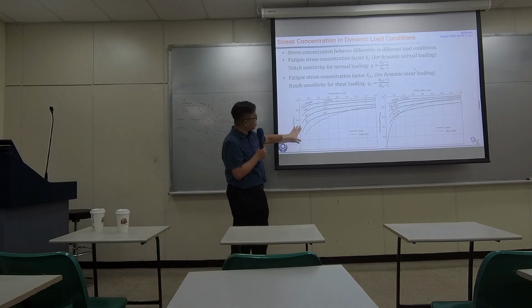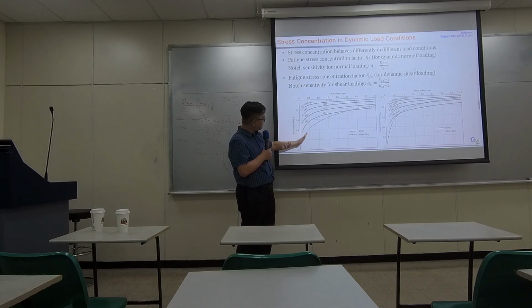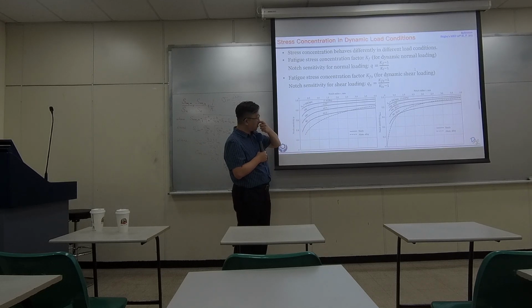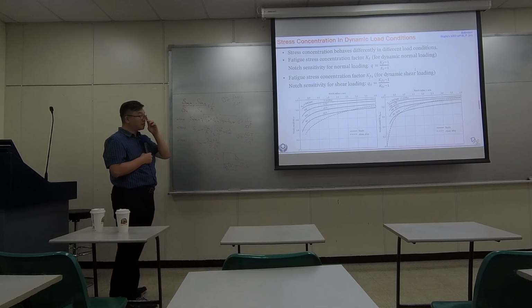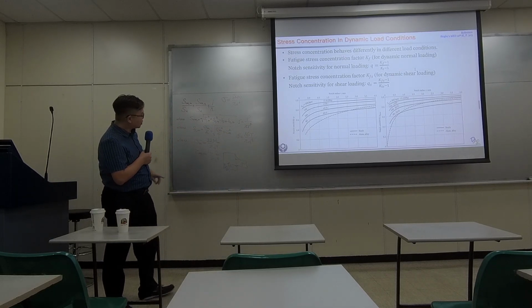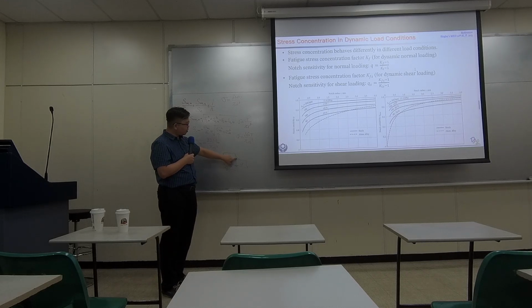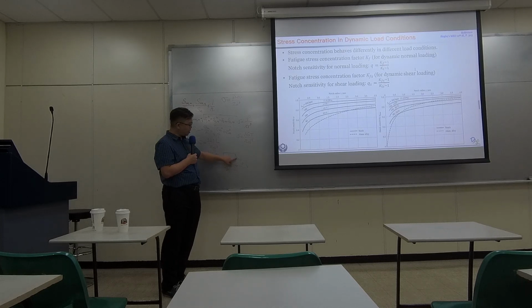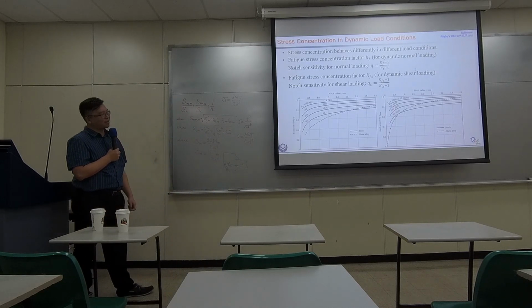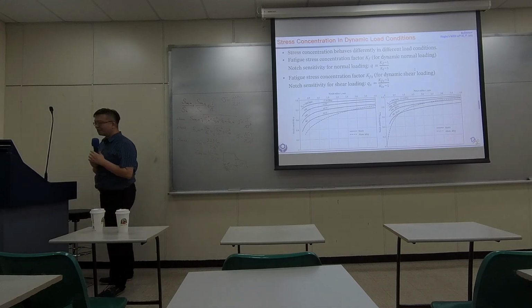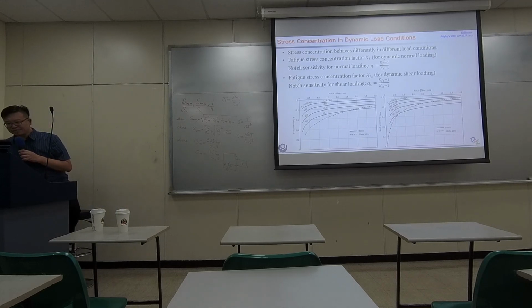However, in the diagram, you usually see it doesn't truly go to 0. It's close to 0, but it doesn't truly go to 0. Okay? So when you have larger geometry like this, under the static load, it will have a lower K. But under the dynamic load, it will have a different effect. Okay? So, how do we put all these together?